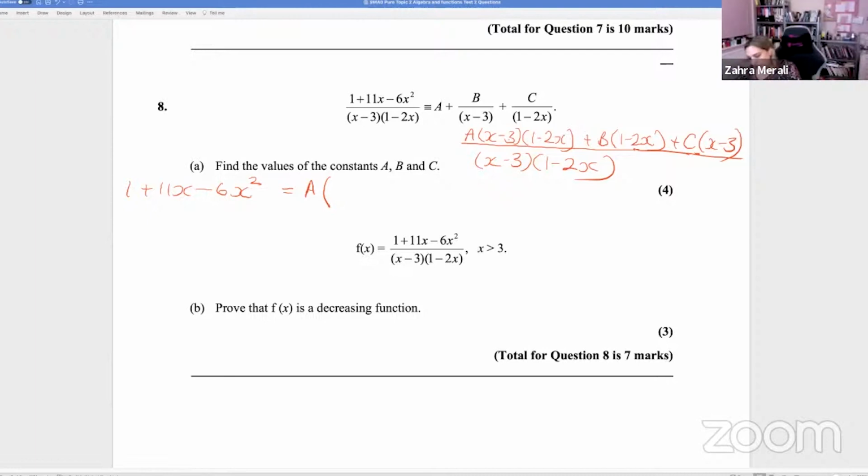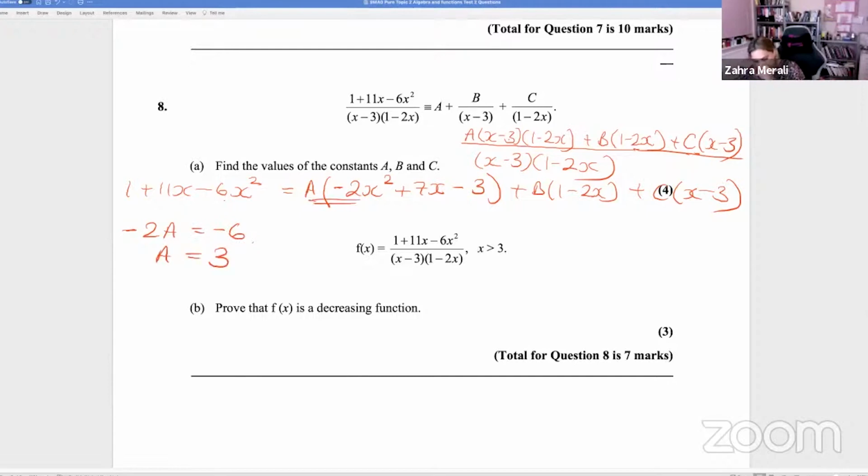So you're going to end up with minus 2x squared, and then plus x plus 6, so plus 7x minus 3. Straight away, if you equate your coefficients, minus 2a equals minus 6. So a has to be 3, because that's your only x squared term.